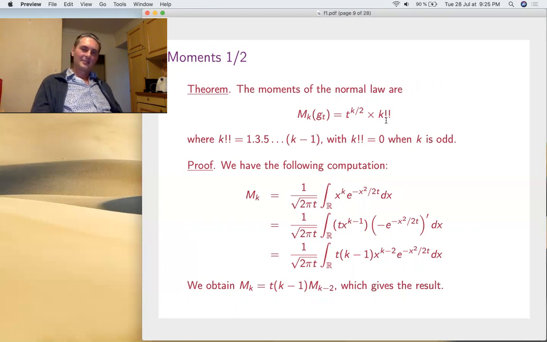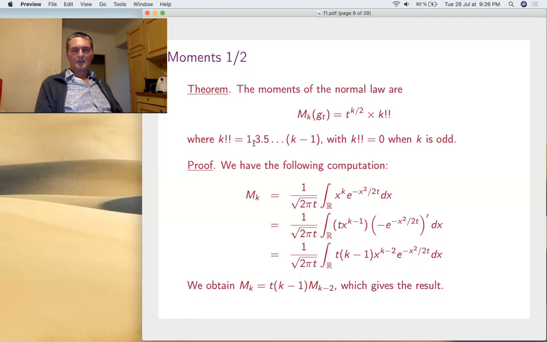It's basically double factorials, rescaled by powers of t, which is the parameter. Double factorials, once again, that's the convention that we use here, and it's the good one for what we want to do. By definition, a double factorial is 0 if k is odd, and otherwise it's the product 1, 3, 5, 7, and so on up to k minus 1.